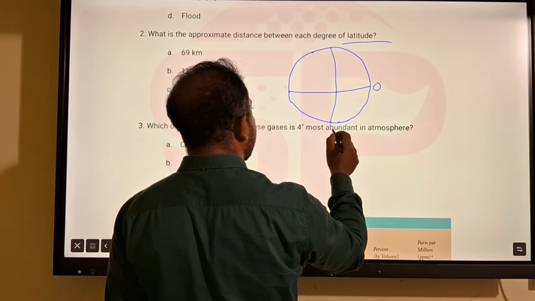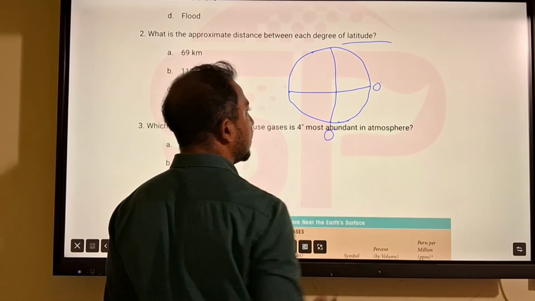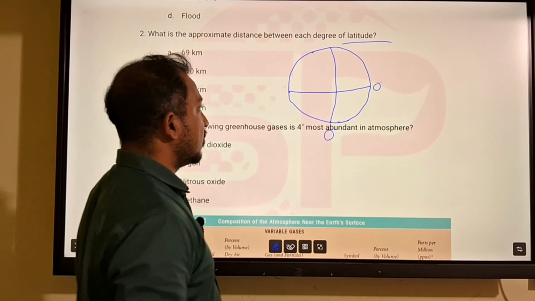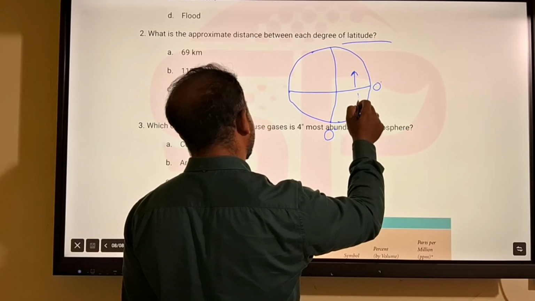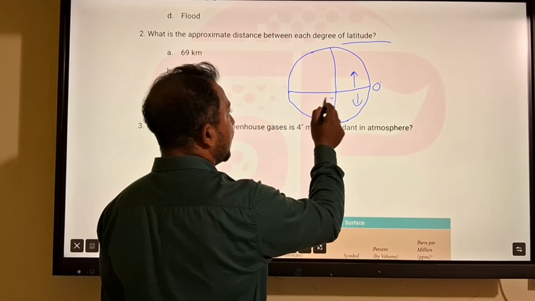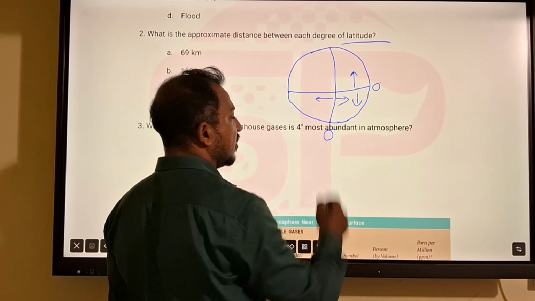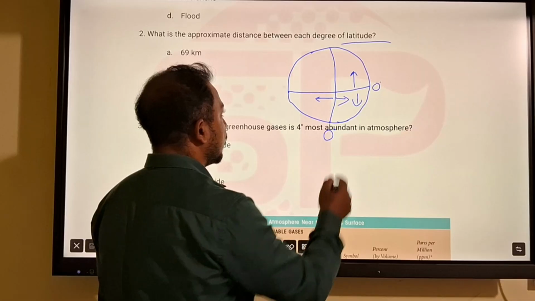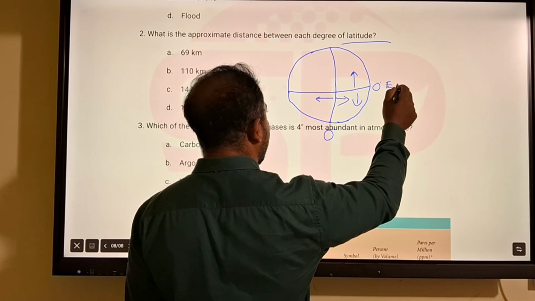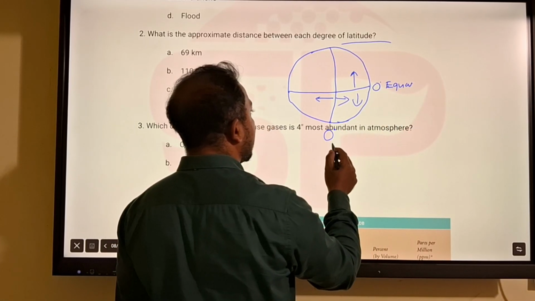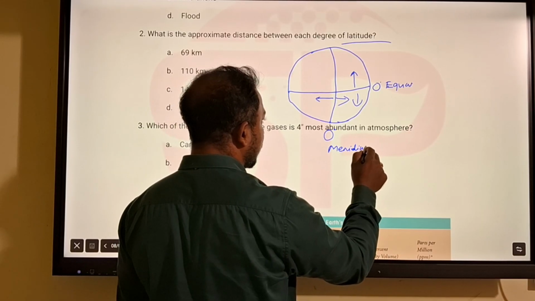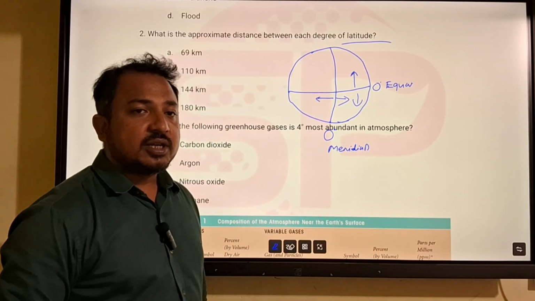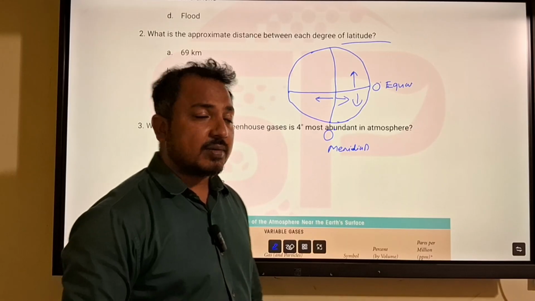From 0 degree latitude and 0 degree longitude we measure distance on the earth's surface. From latitude we measure distance towards north and south. From longitude we measure distance towards east and west. The 0 degree latitude is the equator, and the 0 degree longitude is called the meridian. Each latitude is placed at 1 degree interval.